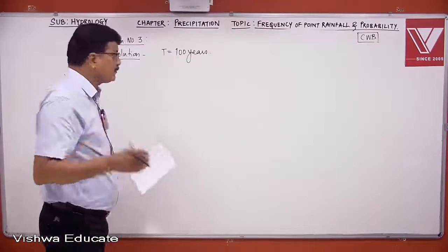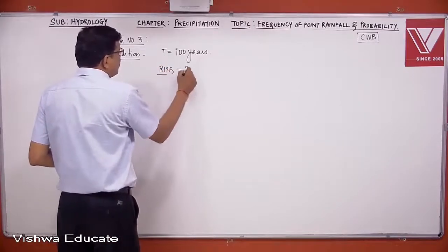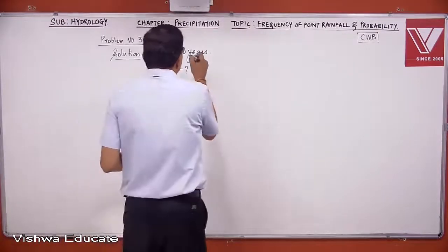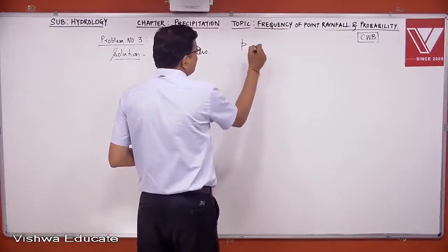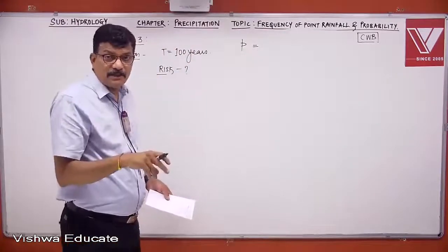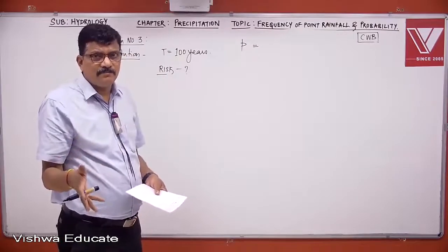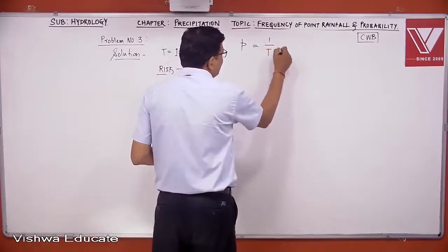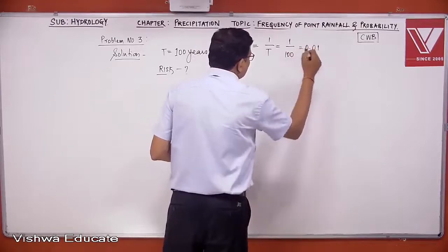What we have to find out is the risk. The hydrological risk is how much? So what is given is the return period. So based on the return period, we can calculate the probability of this event occurring at least once in a given year, that is given by the inverse of the return period, that is 1 by 100, which comes to 0.01.